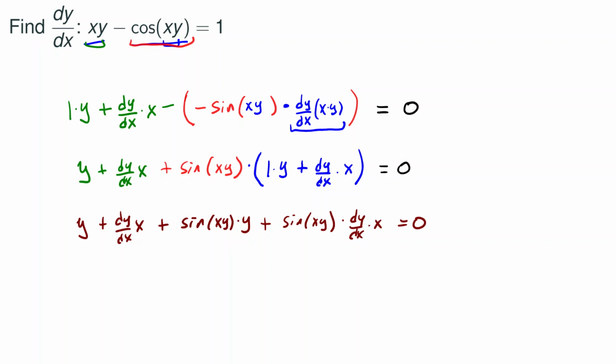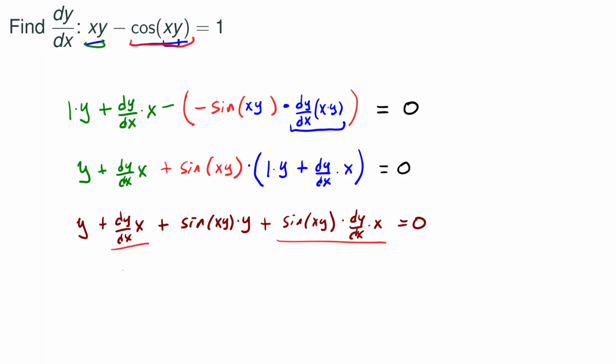So now we need to keep all the terms with dy dx on one side of the equation, everything else on the other side. So y right here and sine xy times y, I'm going to subtract those two from both sides. So I can have the dy dx terms, which are these two, on the left side of the equal sign, everything else on the other side.